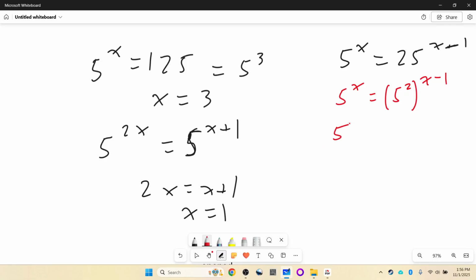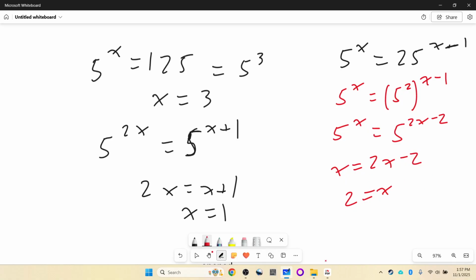So you can multiply through the exponents. 5 to the x equals 5 to the 2x minus 2. Well, then x is 2x minus 2. And so to solve that, x equals 2. And you can plug in, check, 25 to the 2 minus 1, 25 to the 1 equals 5 to the 2. That's a true statement.